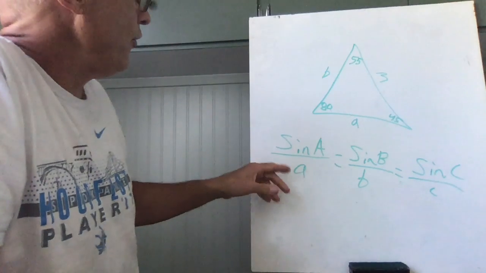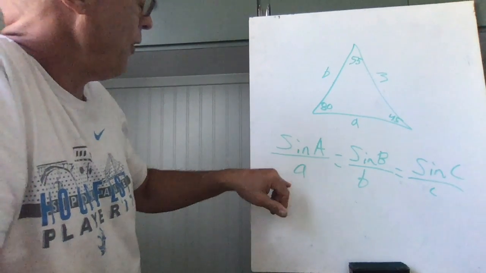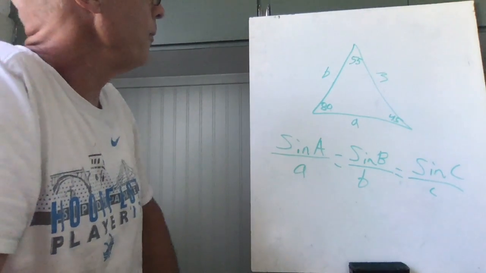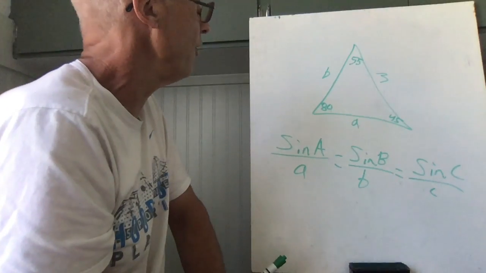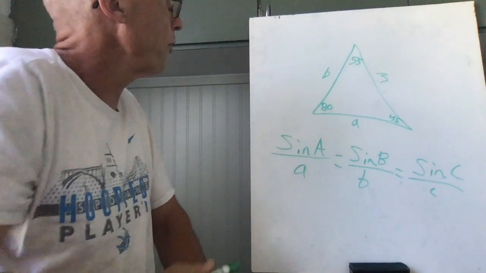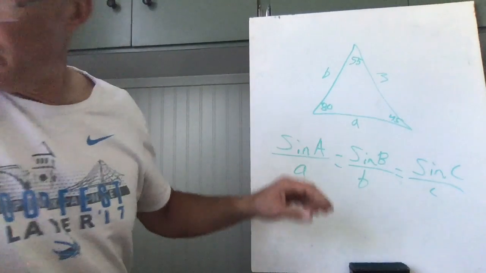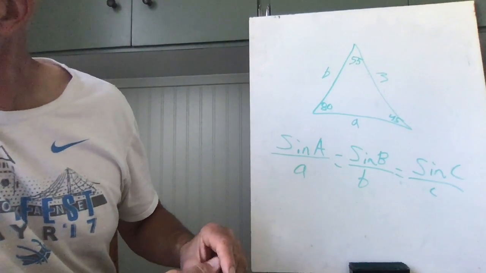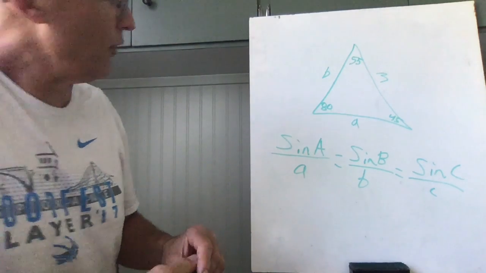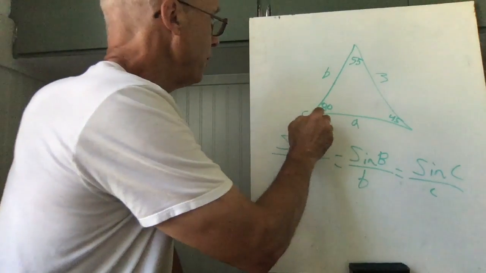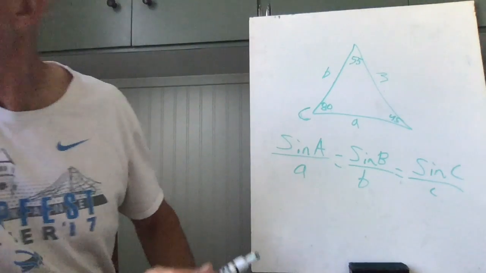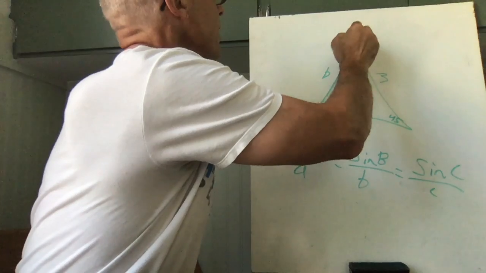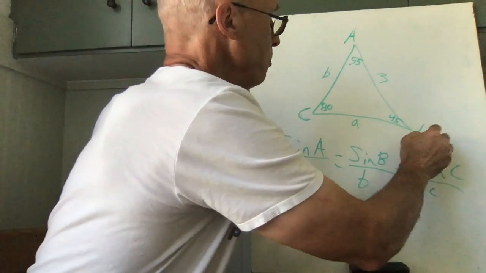So now let's use this. We want something involving this 3 because that's a known. So 3 is going to be the side opposite of C. This was C to begin with, sorry, capital C. This was A to begin with, and this was B to begin with.